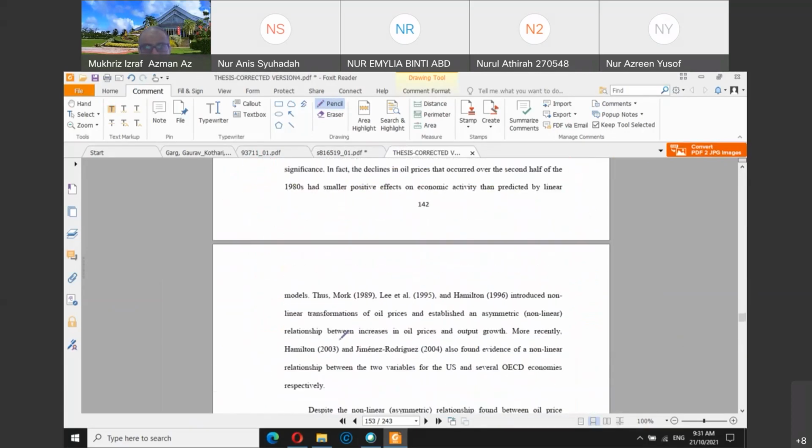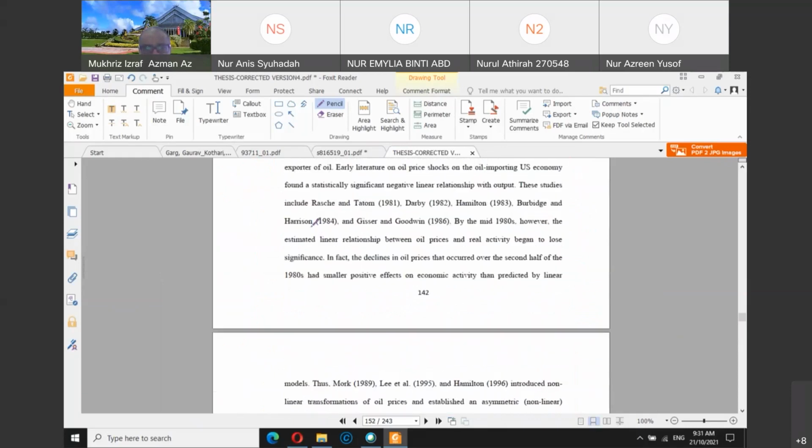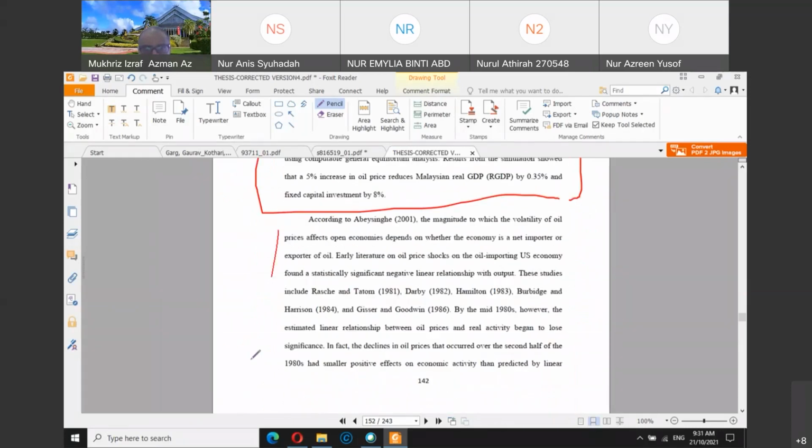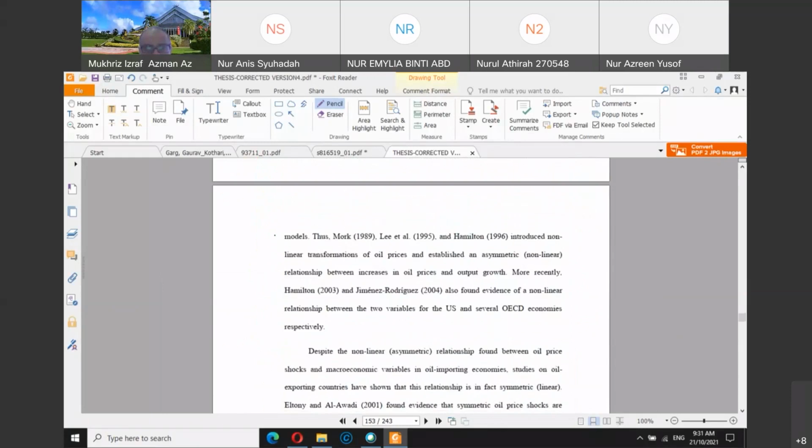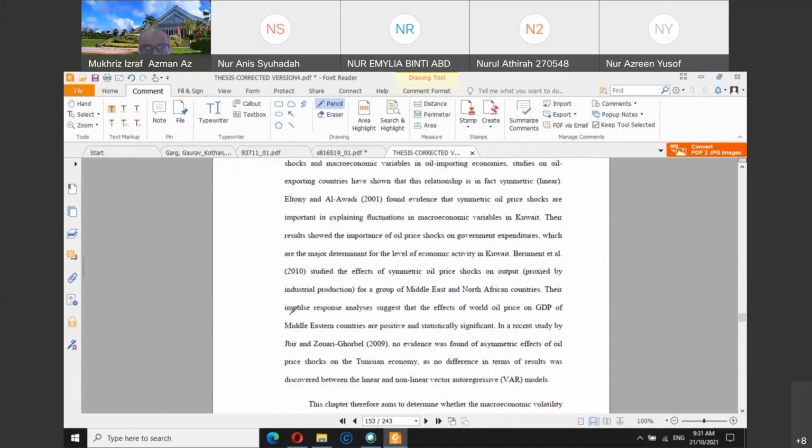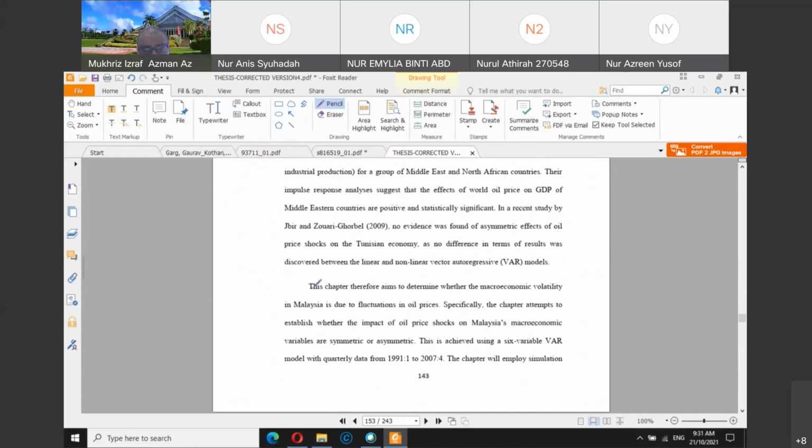And then the next paragraph also focuses on the oil price shocks issue. So basically, you should get the idea.